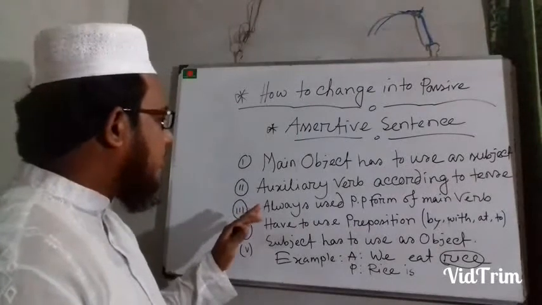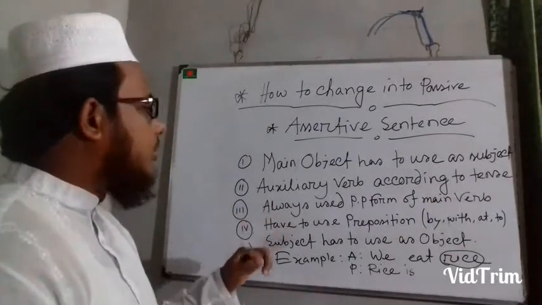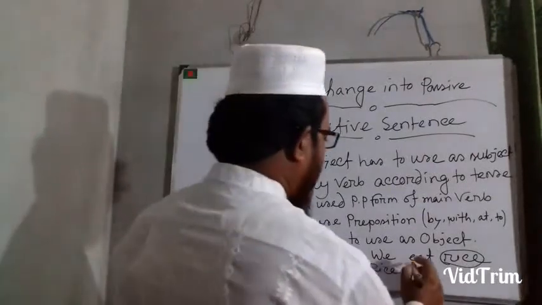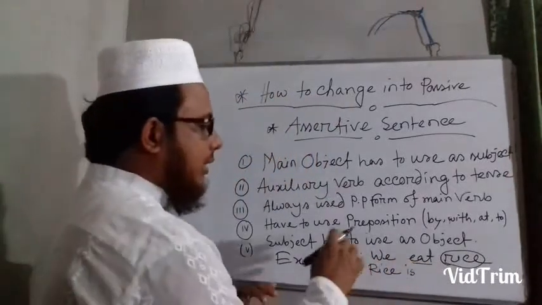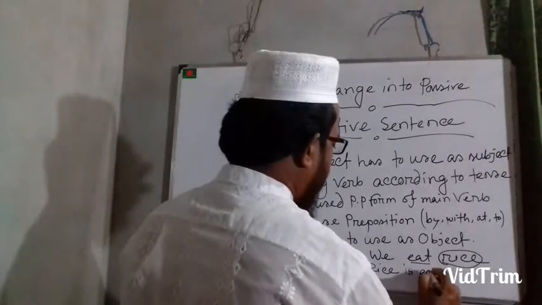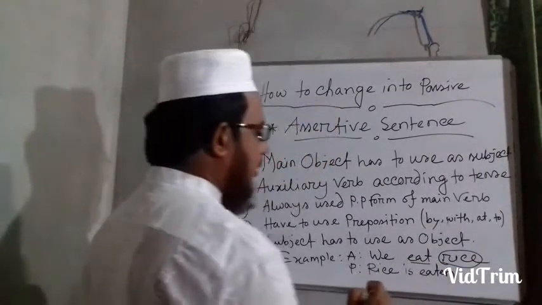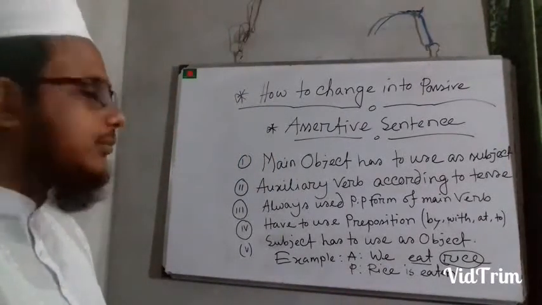In the third rule, always use the past participle form of the main verb. So the past participle form of this verb, we know, is eaten.